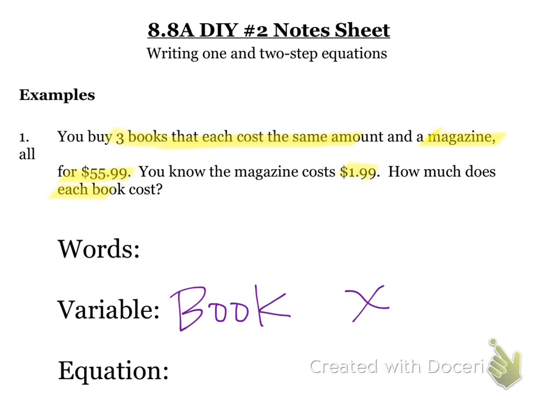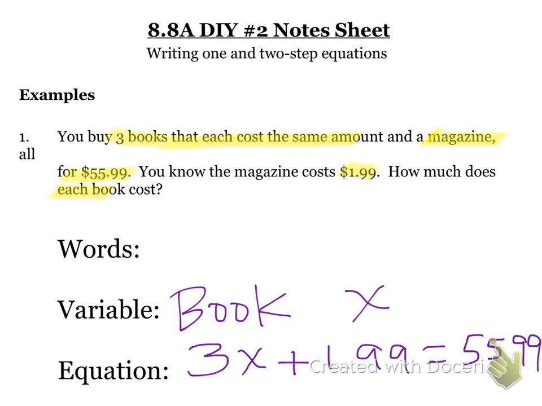So we're going to look at 3 books. Each cost the same amount. We don't know how much they cost, so I'm going to use my variable X. And a magazine. So and means add. And it cost $1.99. And the total is $55.99.